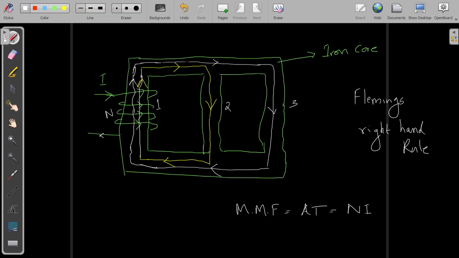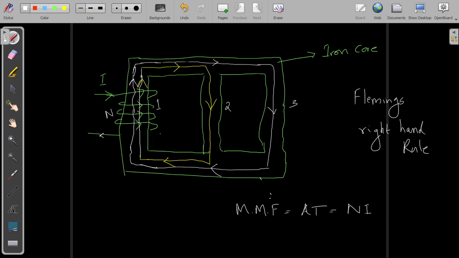We are considering only two flux lines for the time being, for better explanation of the concept. Actually there will be a large number of flux lines produced by this magnetomotive force, ampere turns, due to the flow of current I through the N number of turns.